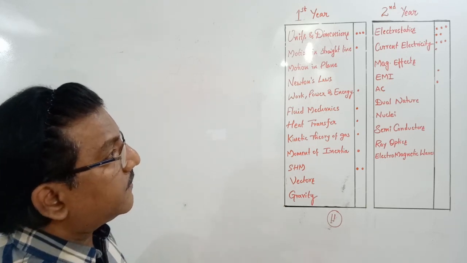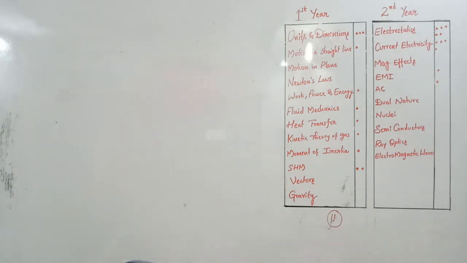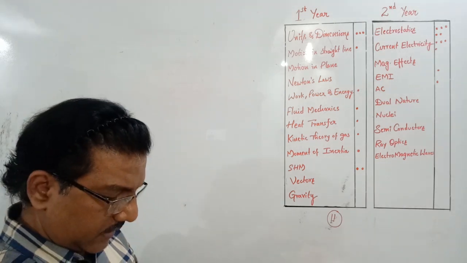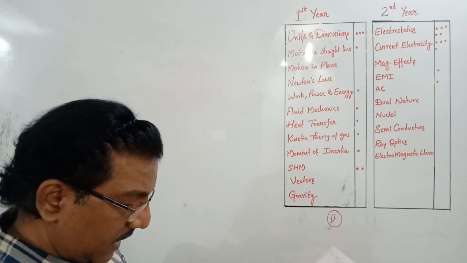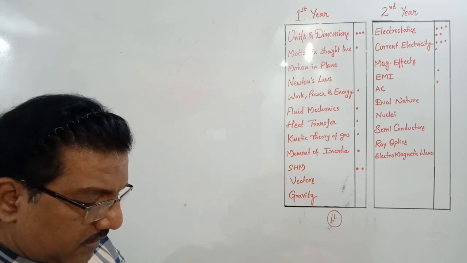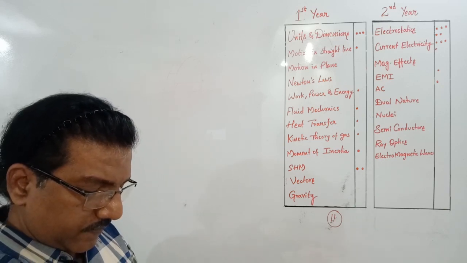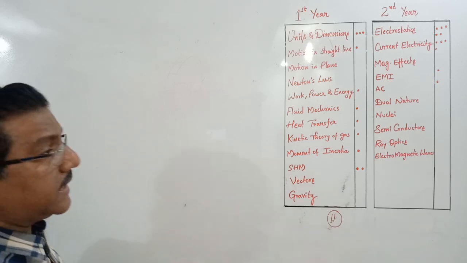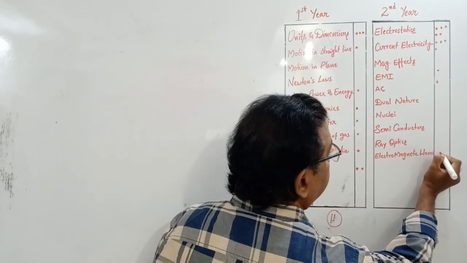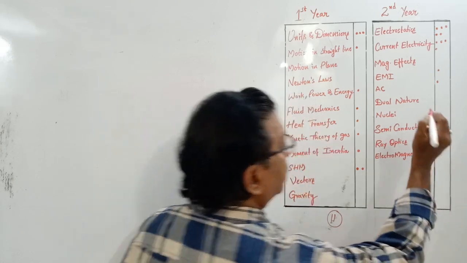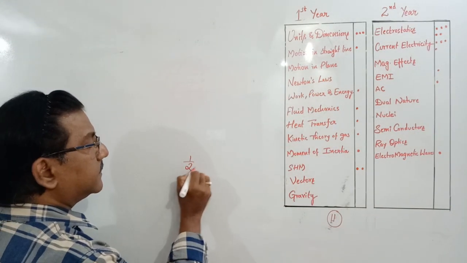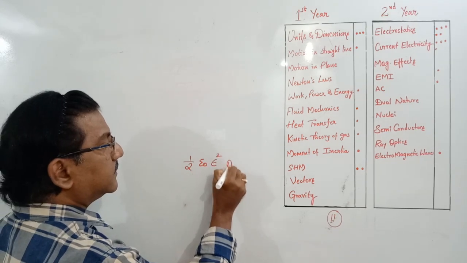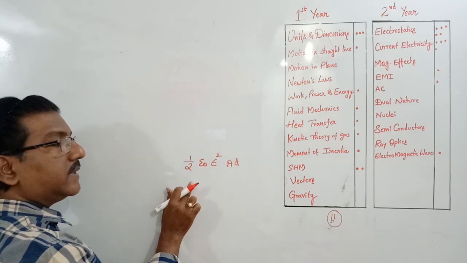Now that is AC, electromagnetic induction and electromagnetic waves. For electromagnetic waves, I have to say half epsilon naught E square. That is directly given to you. Half epsilon naught E square, the energy density we derived.